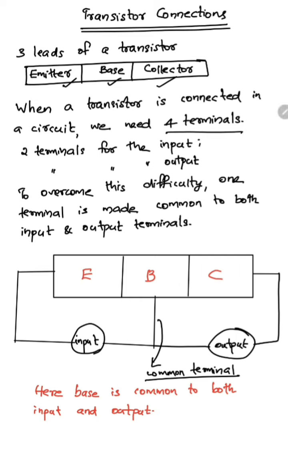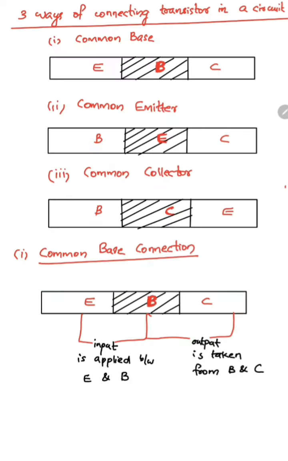Here in this case you can see that base is made common. The common terminal in this case is base. Here base is common to both input and output. Similarly, we have three ways of connecting a transistor in a circuit. First is known as common base connection. Here the base is common to both input and output terminals.